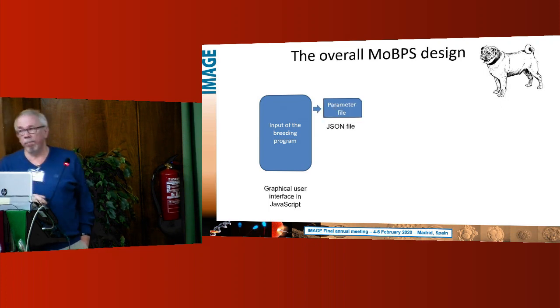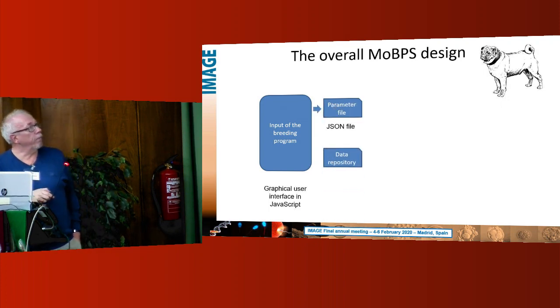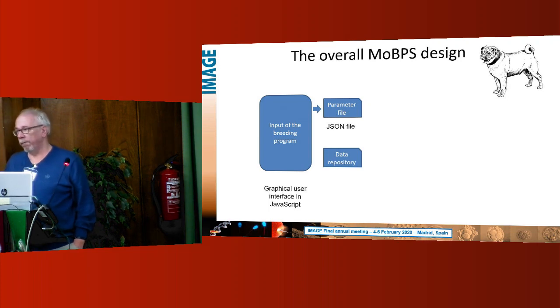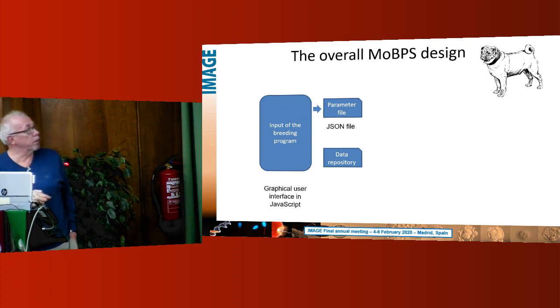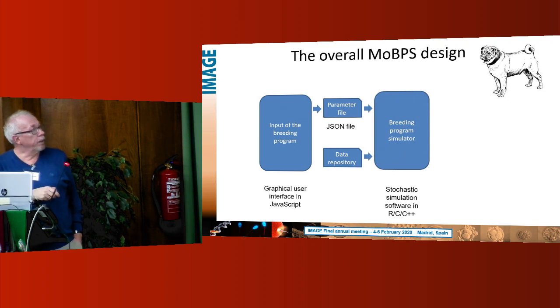This basically generates a parameter file. Then you have data which can come from, for example, the database that was just described. And they go into this breeding program simulator. So actually, the parameter file defines these 200 parameters. And then the stochastic simulation is run.